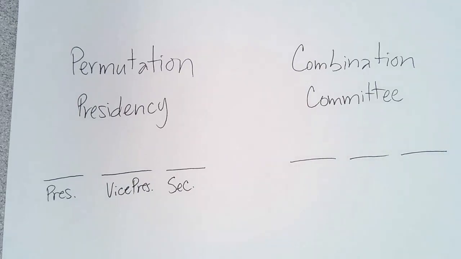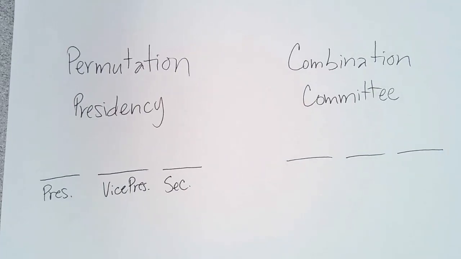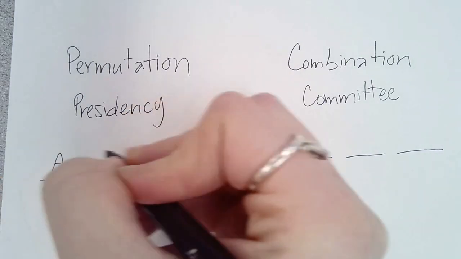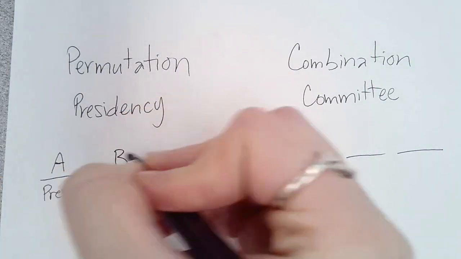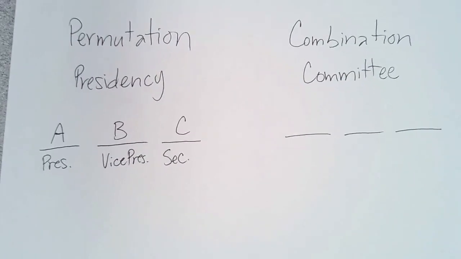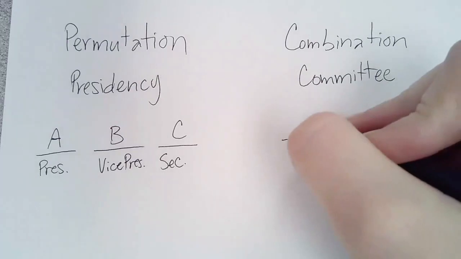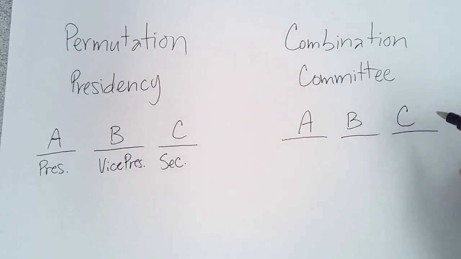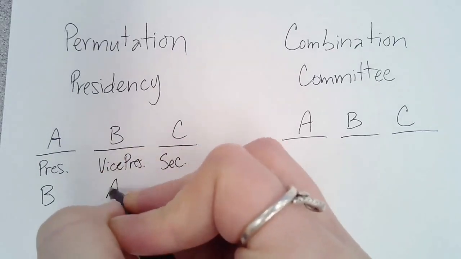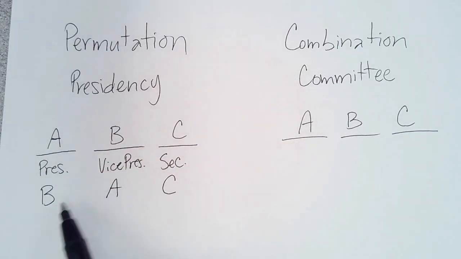There's no specific positions. So let's say we have Al and Betty and Carl in this presidency versus having Al and Betty and Carl in this committee. If we trade them around a little bit here, now Betty is the president, where Al used to be the president.